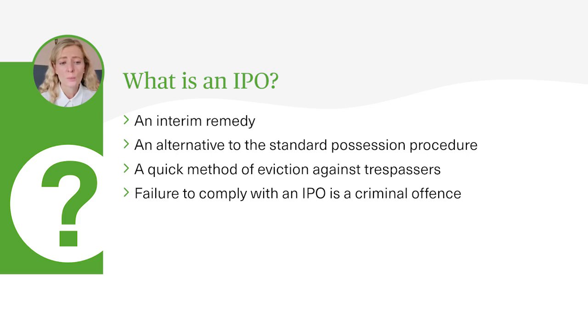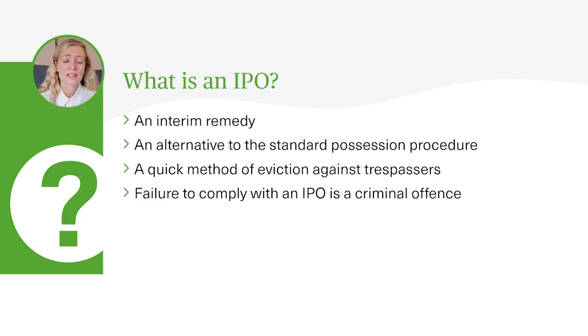It is also quite a quick method of evicting trespassers in particular. We're going to talk through what the conditions are. An IPO is not available in all cases, but it is a quick way to get trespassers, squatters out of your premises.